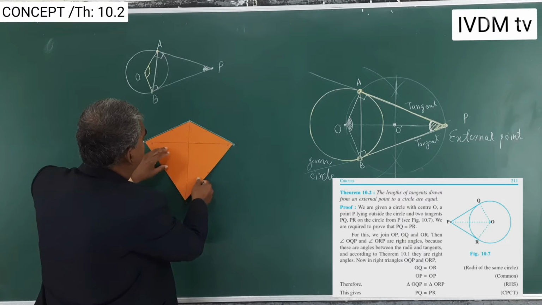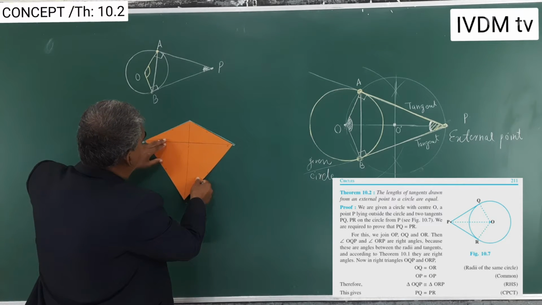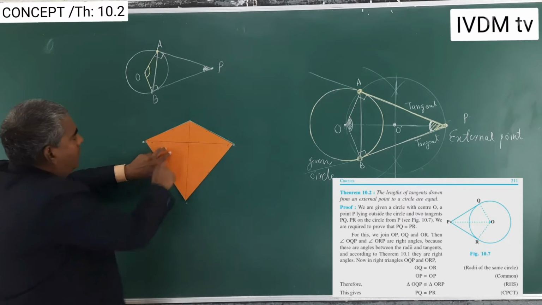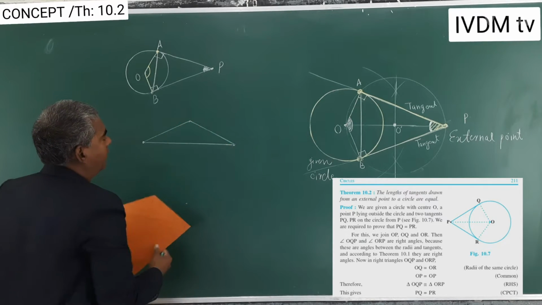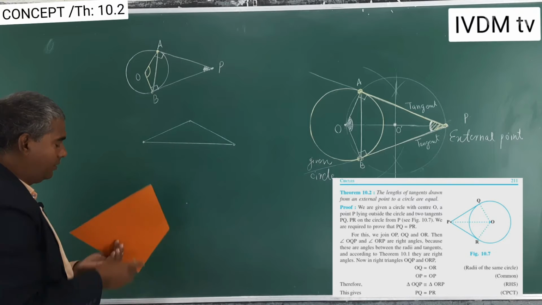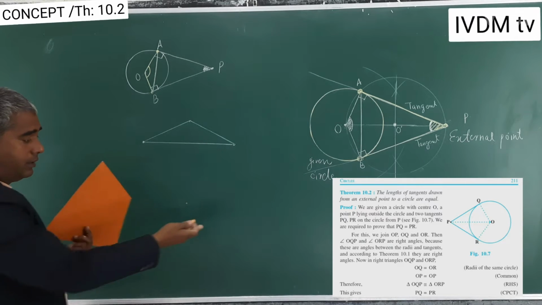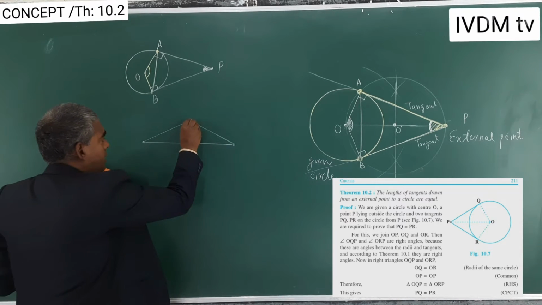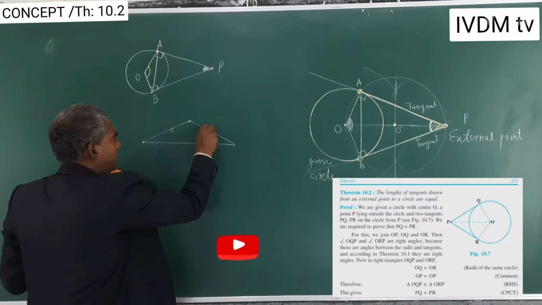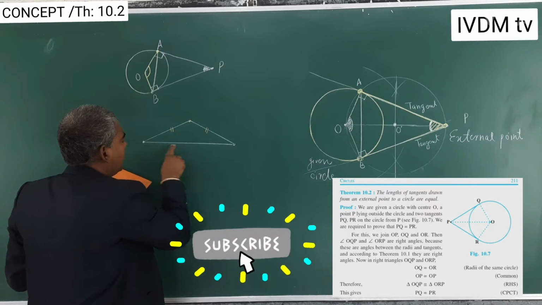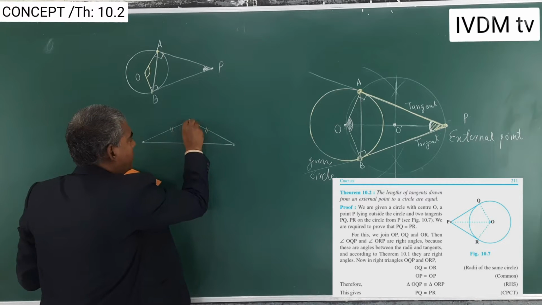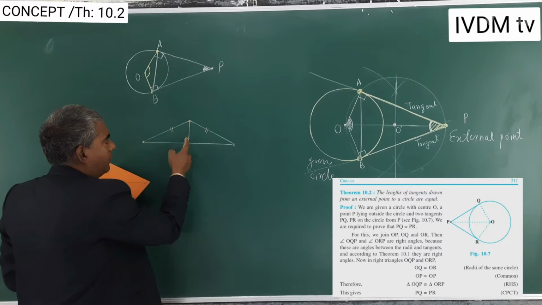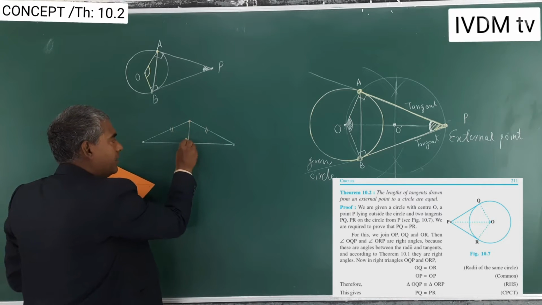You can see here, this equal to this, an isosceles triangle. In this theorem you can see, in an isosceles triangle, if this side is equal to this side, and you take the midpoint of this one and join it, this will be 90 degrees.